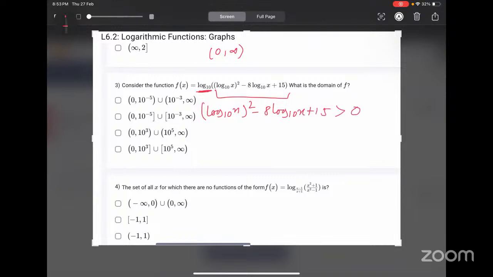We can take log 10x as p for simplicity. So we will get p squared minus 8p plus 15 greater than 0. Okay, so we can factorize this equation, right? How can we factorize this equation?